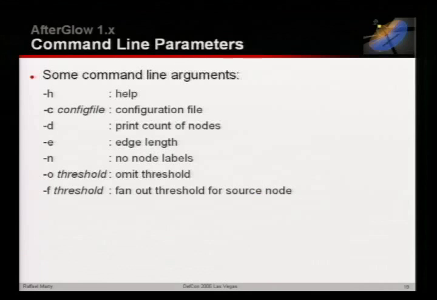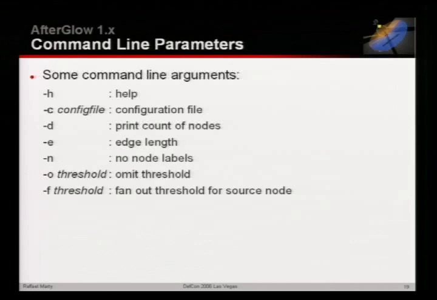If you start Afterglow, you can use -H, and I think the usage is actually up to date, I hope. These are not all the parameters that are there, but the most important ones, and the most important one in here is -C, where you provide a configuration file, and I will show you a few of those files in a second.